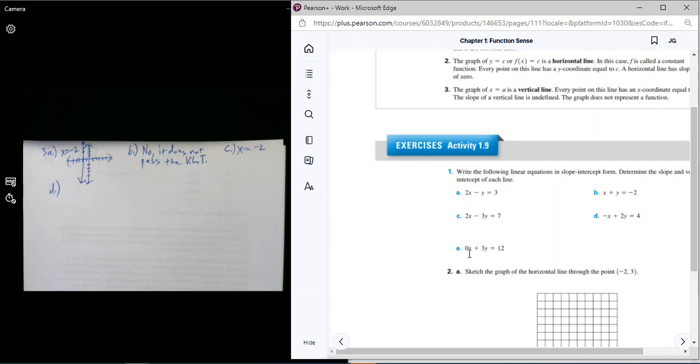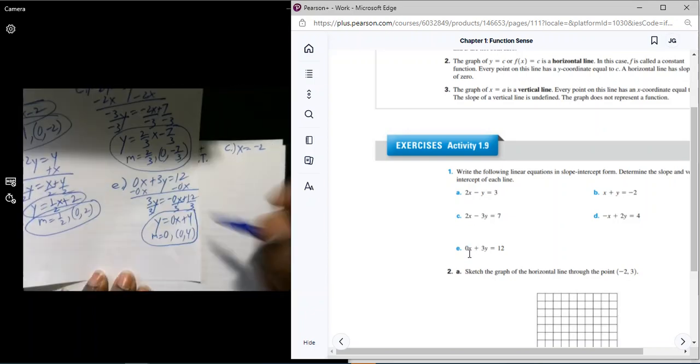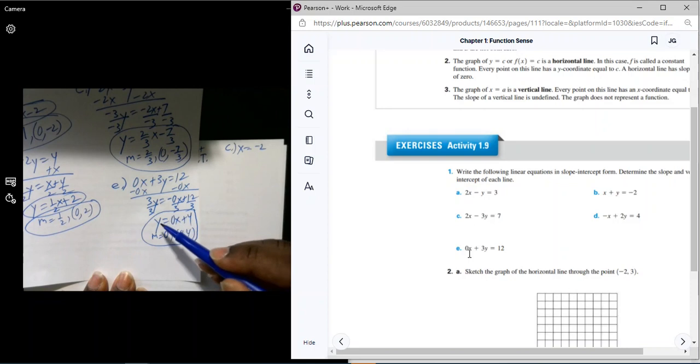Now remember our answer, let me pull that back here. For E, our slope was 0, and we know that 0x is really 0, so y was equal to 4. So when y is equal to a number, that means that the slope is 0.